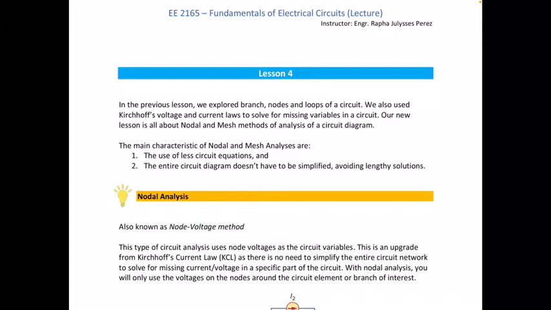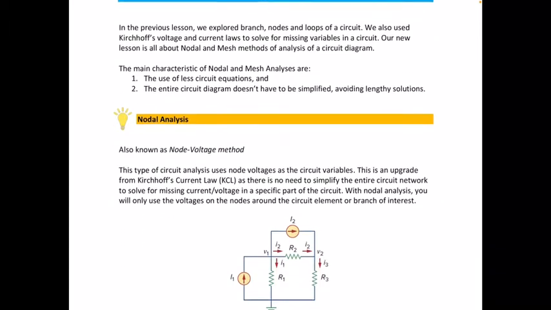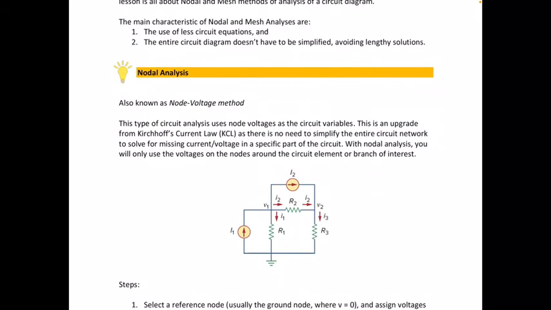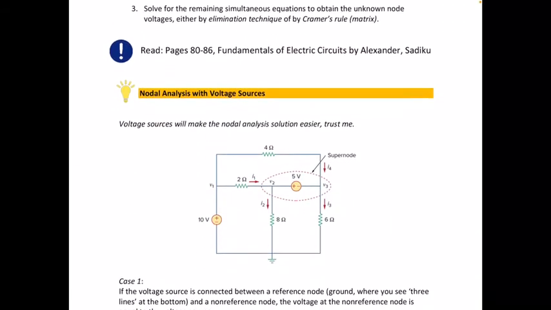This new lesson that we have now is just a continuation of the KCL and KVL concepts, and we are going to apply them for this four-part lesson. The first part would be nodal analysis. Second would be still nodal analysis but with voltage sources.